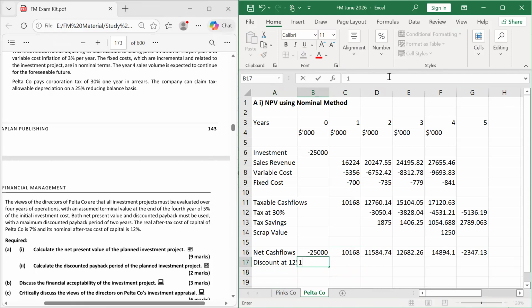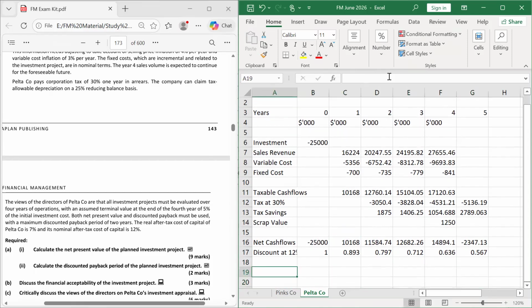Then for year 1, the discount factor at 12% is 0.893, then 0.797, 0.712, 0.636, 0.567.